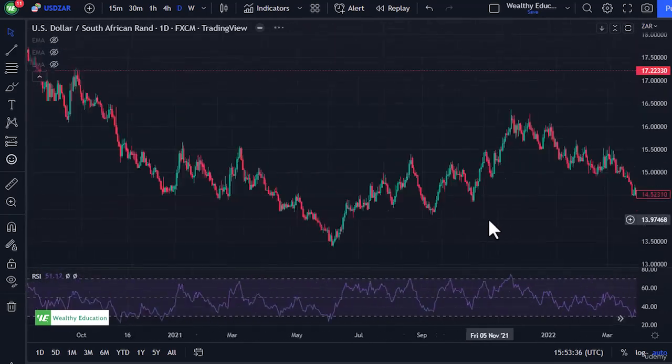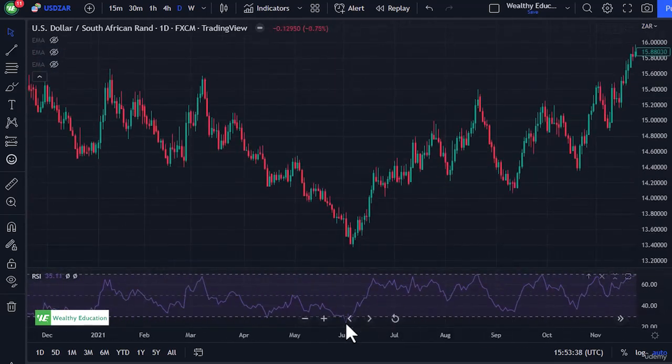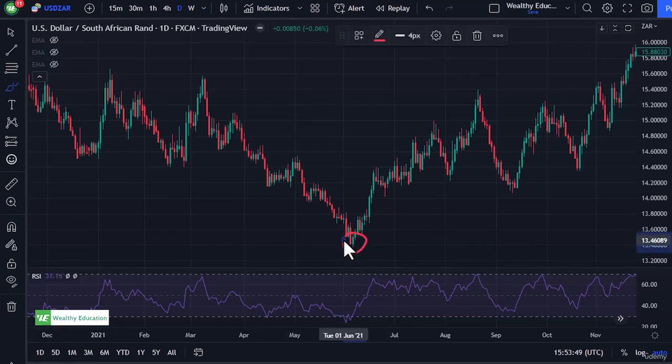So, anyways, you can see that we had broken down below the range of normalcy, if you will, into an oversold condition as the dollar fell against the rand. We touched this right here and then pulled back.